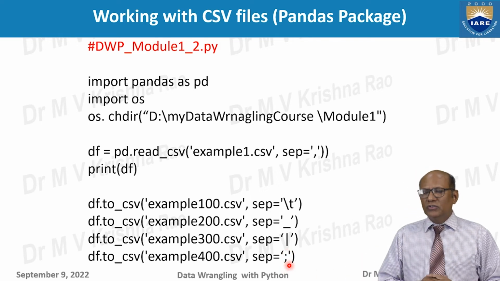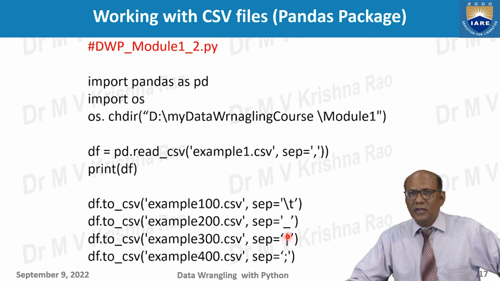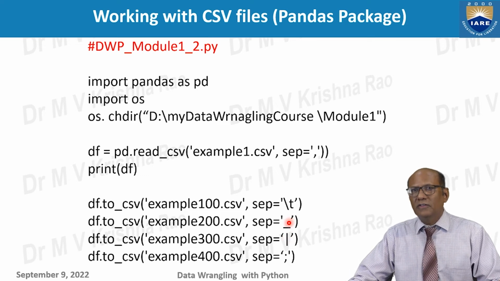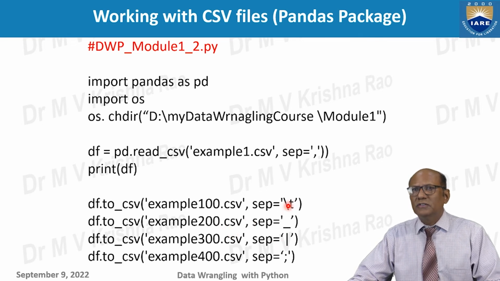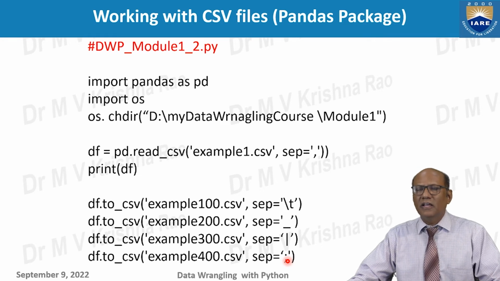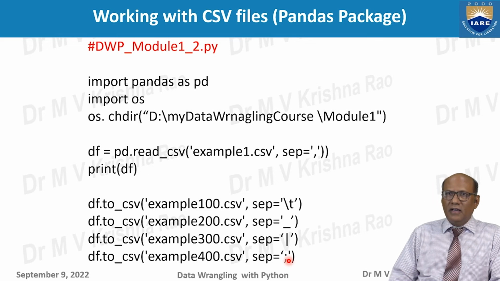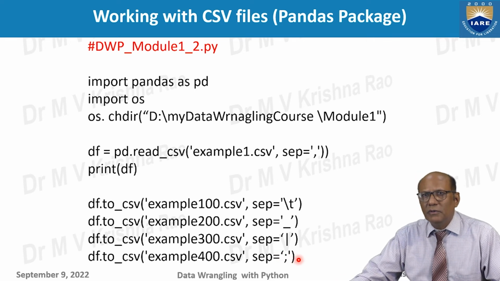Any character you can use, but be careful that the character you use as the separator or delimiter should not be there in the running text, meaning the label headers or even the fields, in the string forms. Otherwise, it will be a problem.